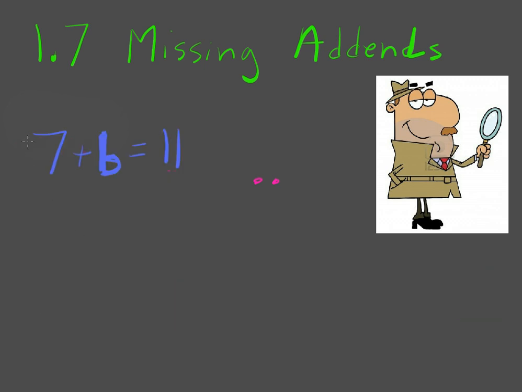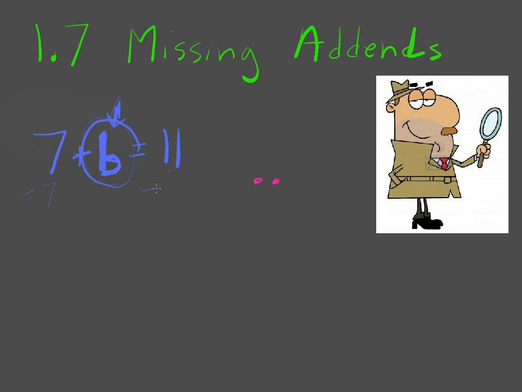Okay, our first example here, we have 7 plus B, and this is a B, not a 6. I tried to make it look the best I could like a B. So 7 plus B equals 11. We need to find out what this variable is, what this B, what number plus 7 equals 11. The way we can find that out is, again, just do subtraction.